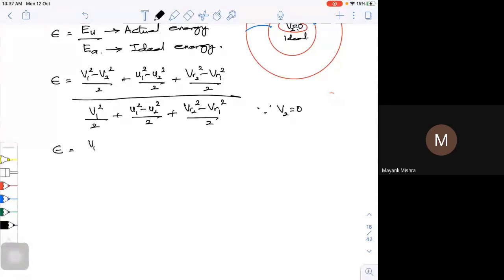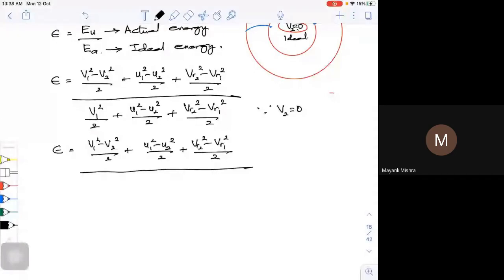So I get V1 square minus V2 square by 2 plus U1 square minus U2 square by 2 plus VR2 square minus VR1 square by 2 plus V2 square by 2.